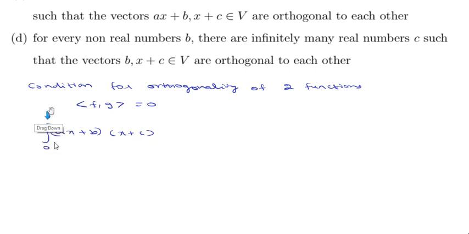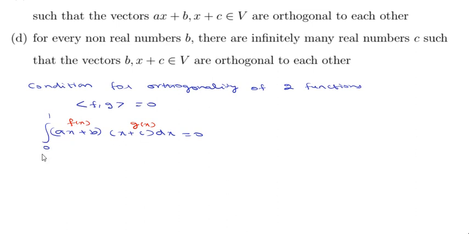The inner product is defined as integral 0 to 1 f of x into g of x dx. So this is f of x and this is g of x, equal to 0. Now we will simplify this and find c.